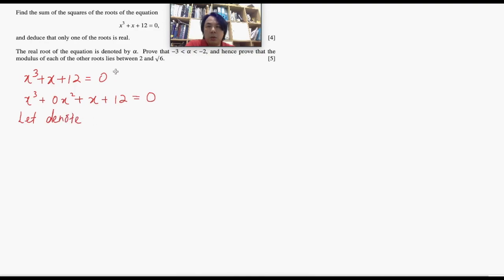Let's denote all the solutions or the roots of equation 1 as alpha, beta, and gamma.